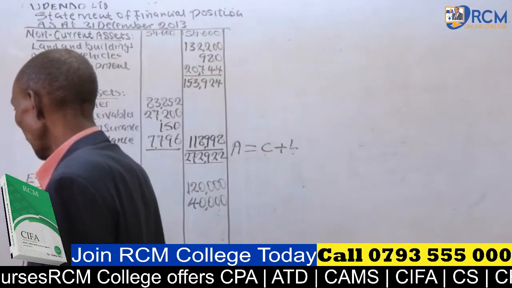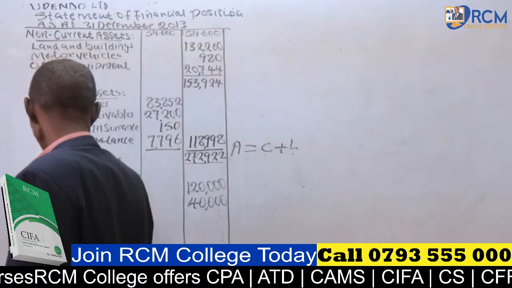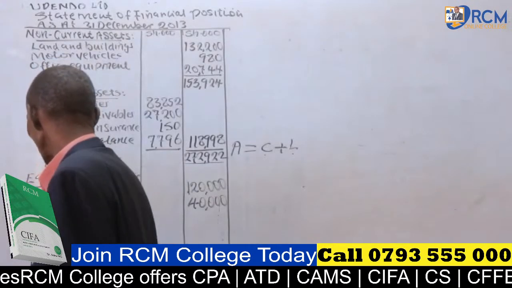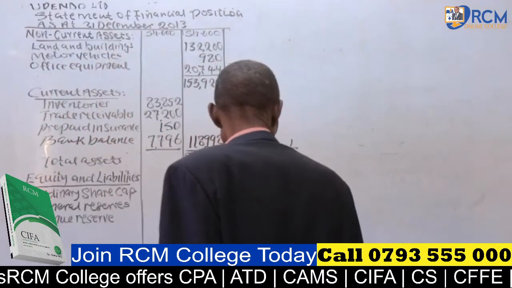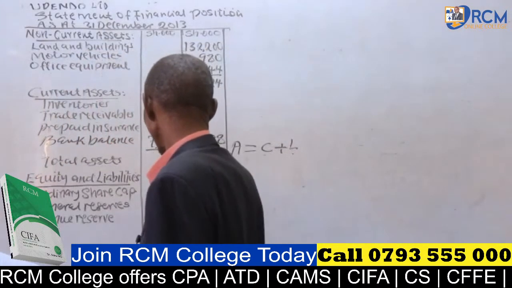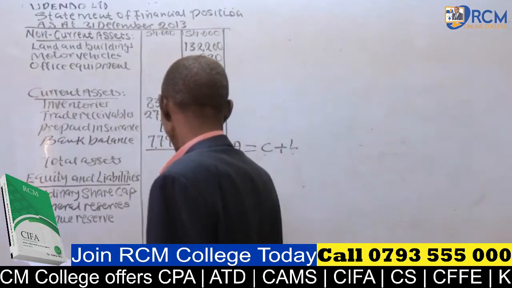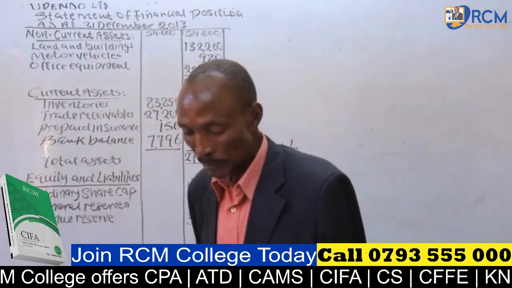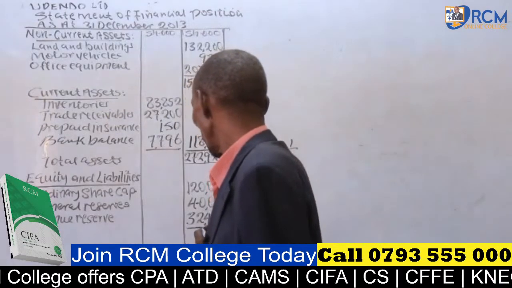Then we come to revenue reserve. That's a retained profit. Revenue reserve is also called retained earnings. That was 32,452. Very important as you do the workings, you keep also preserving those workings. Then you get the total equity.